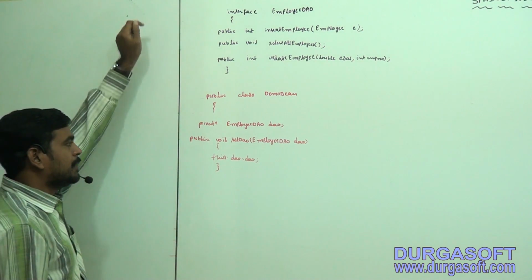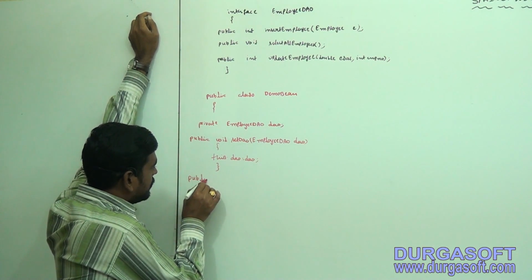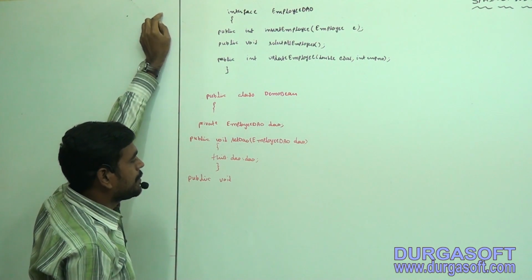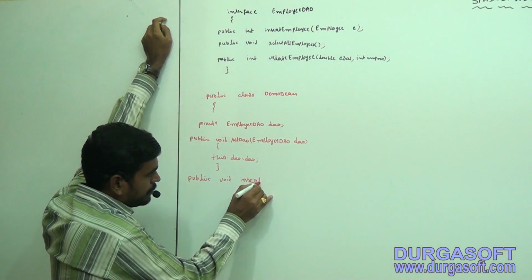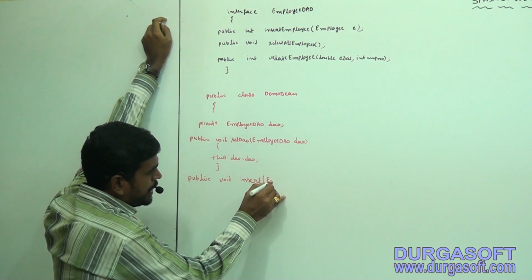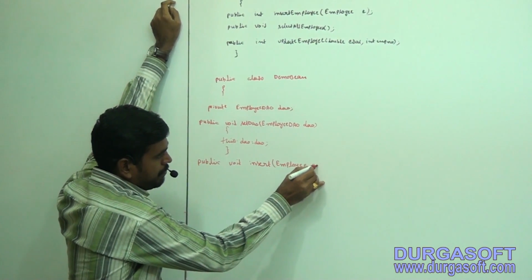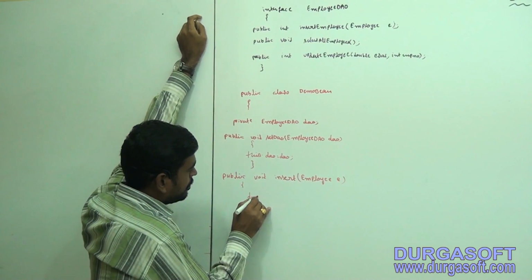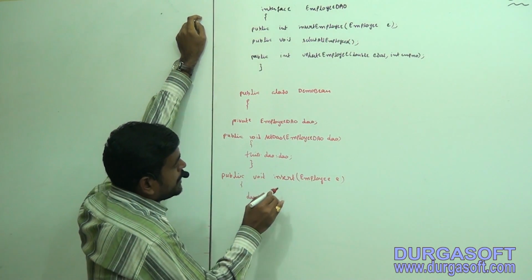Then next, after that, public void insert, Employee e. Now dao.insertEmployee.